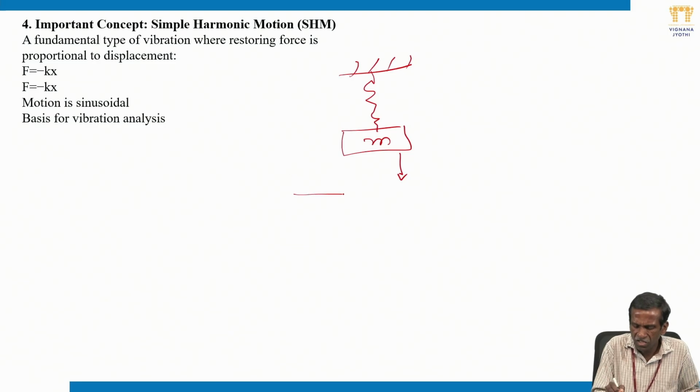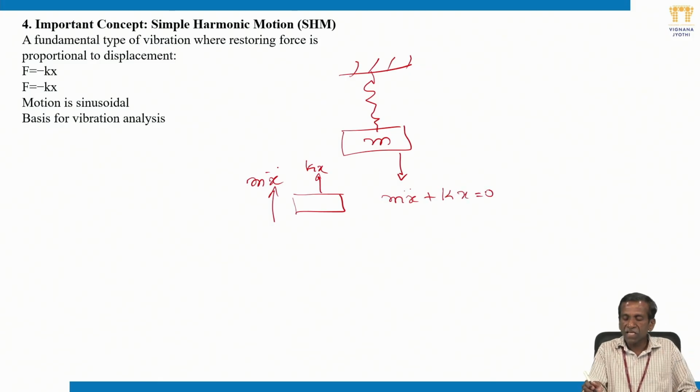Then we have seen the inertia force is mx double dot, and the restoring force, which is the reaction on the mass due to the spring, is kx. So ultimately we could write the equation mx double dot plus kx equal to 0. This is as per D'Alembert's principle or Newton's law of motion.